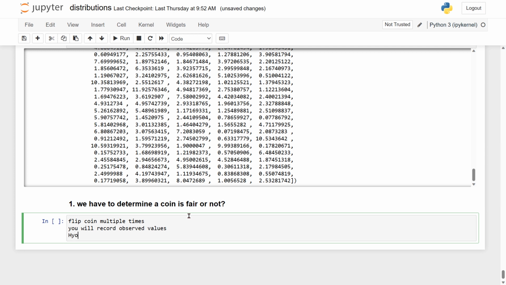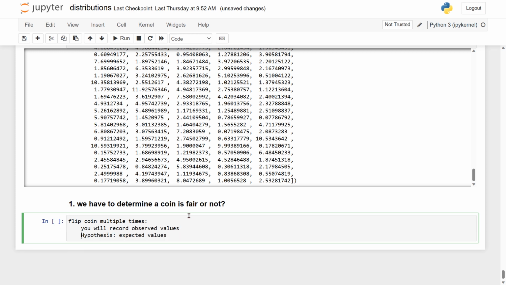Your hypothesis would be maybe getting heads more times or tails more times. Then you'll have the expected values also. So now you have observed values, and you also have a hypothesis, that's the expected values.